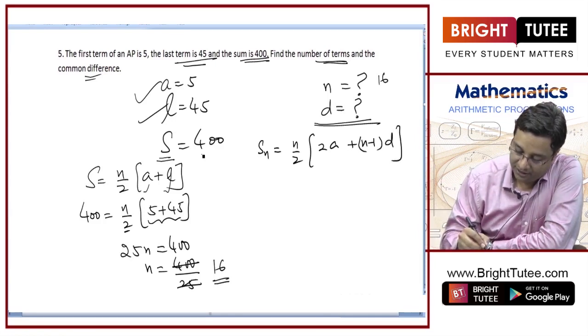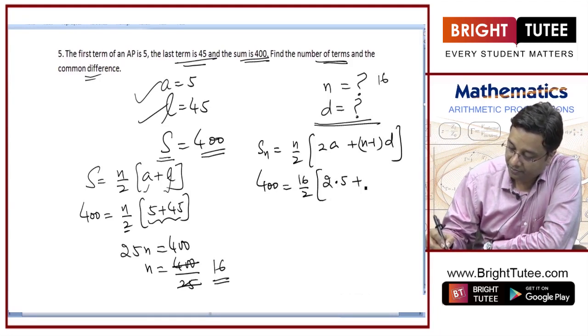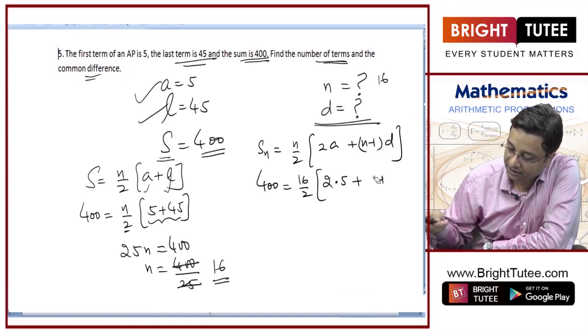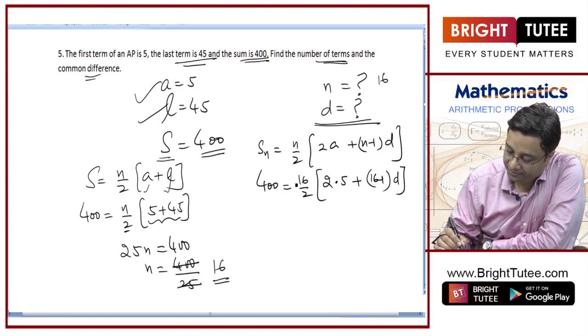So Sn is equal to 400, n is equal to 16, so 16 by 2, twice of a plus (16 minus 1) into d.